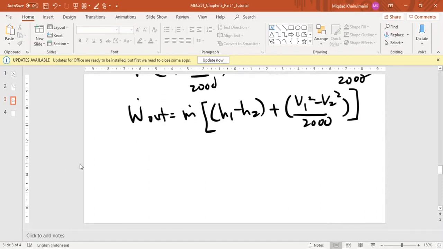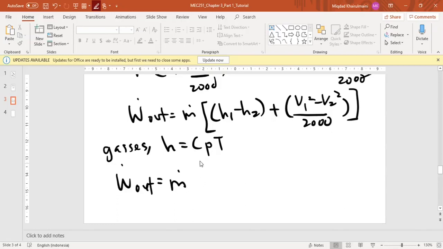Now, before we can proceed, remember the substance is a gas. So for gases, H has to be replaced with its specific heat relationship: H equals CpT. So we have to replace it first. Cp is a constant, so we can factorize it.